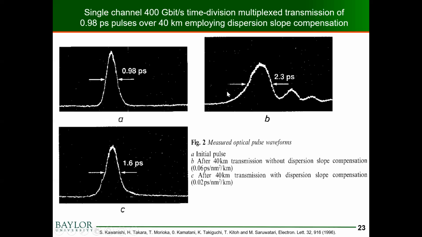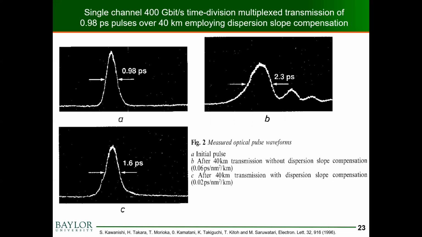Mostly dispersion slope means it's the higher order. Okay, here's the picture. This is the initial pulse. The width is 1 picosecond, right? After the propagation, it becomes 2.3 picoseconds. But you can tell there is very high oscillation on one tail, one side. Although the oscillation depth is not at 0, we can tell that third order dispersion is dominant, right?